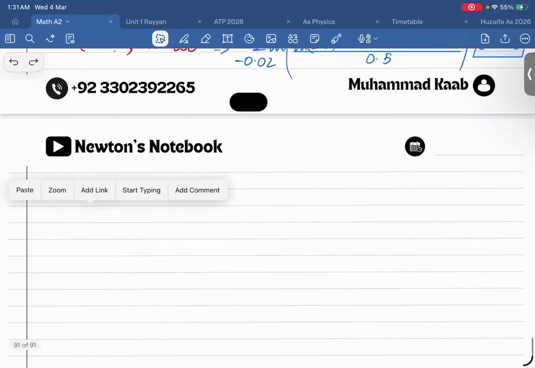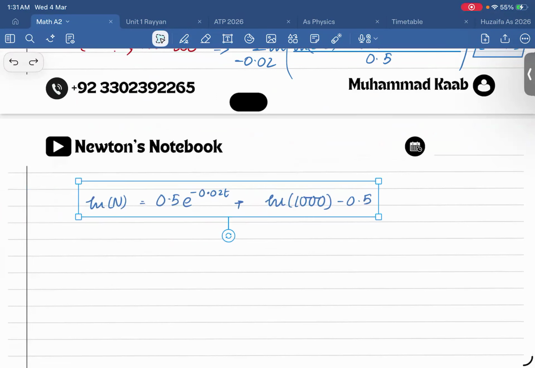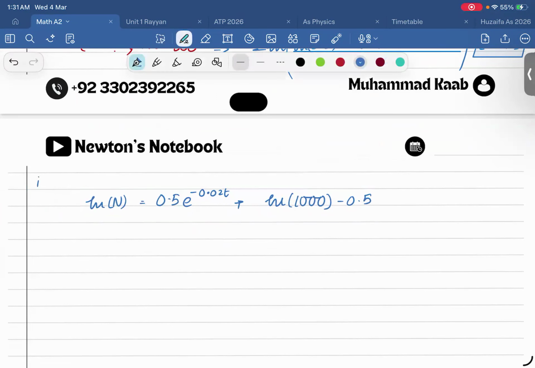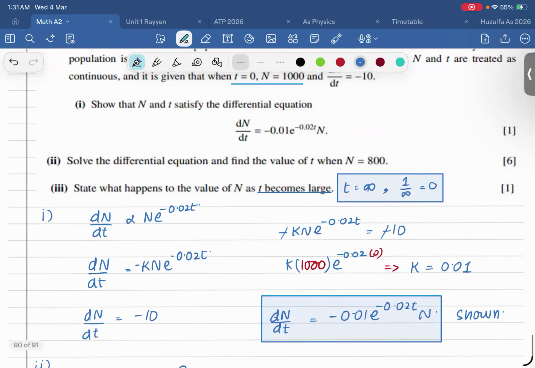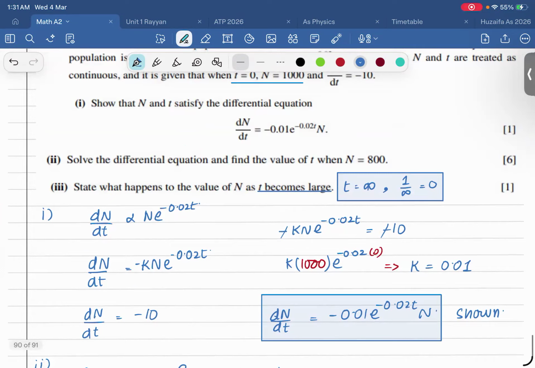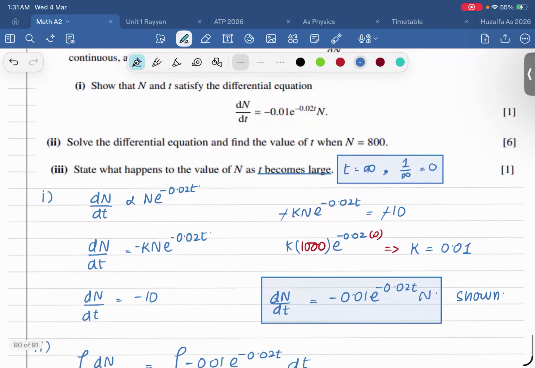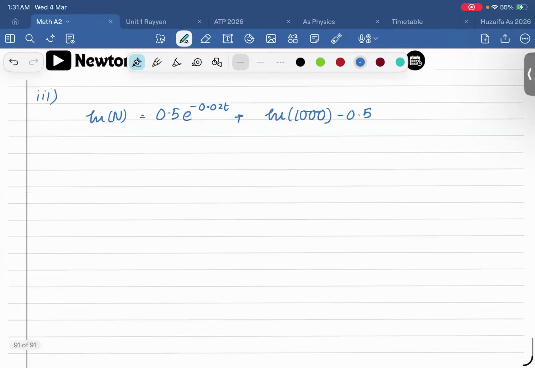And for the last part, by the way, solve the differential equation, find the value of t. State what happens to n as t becomes large. So they're saying t becomes infinite.